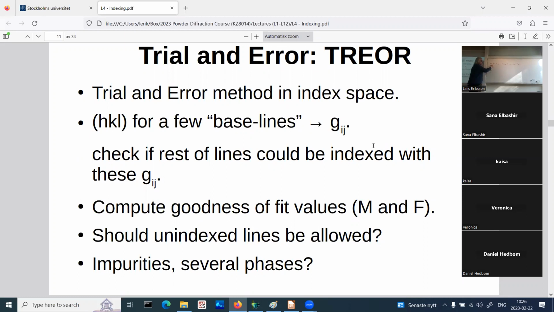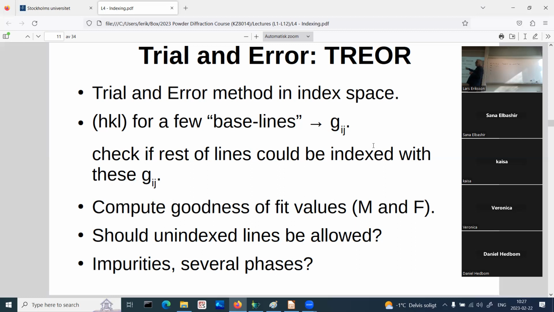Then suppose that this is another line. If these two are not linearly dependent, then we can solve for the unit cell parameters if this would happen to be correct. And with a computer program, like Treor for example, we can generate HKL and select some baseline, and then we get the cell parameters.